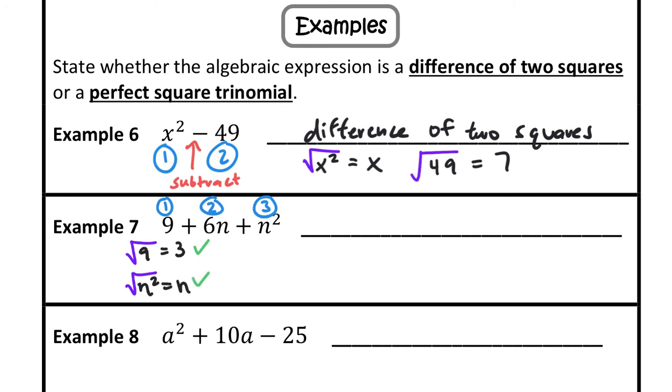Yes. And then how do I check the middle term? To check the middle term, we have to multiply 2 times the answers that we got when we square rooted. So 2 times 3 times n. 2 times 3 is 6, and times n is 6n. So that's the question: is this the middle term?